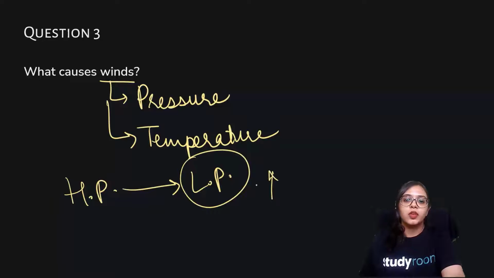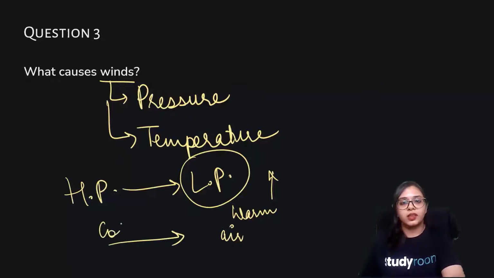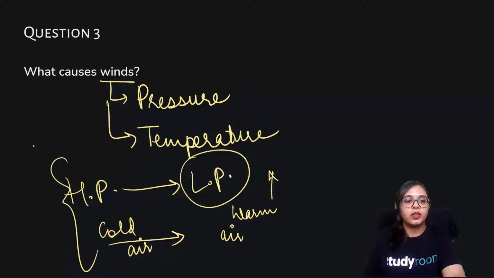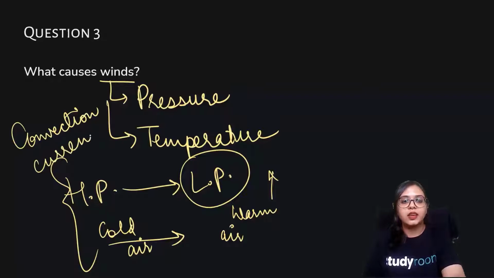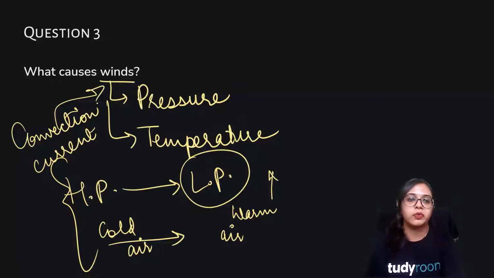It rises up, so that the neighboring cold air from the high pressure area rushes in to take its place. And this movement creates a convection current. Okay, this movement creates a convection current, and the all around circular rotation of this convection current is what leads to the flowing of wind.